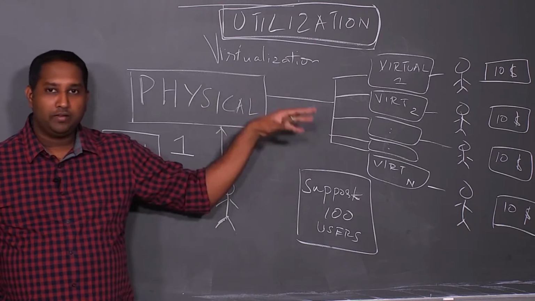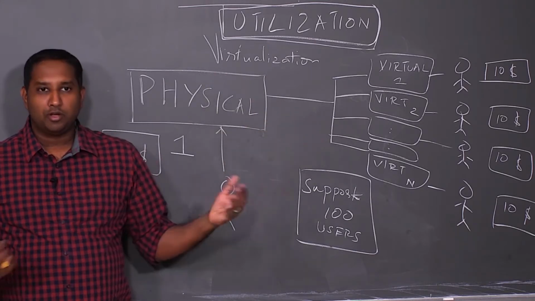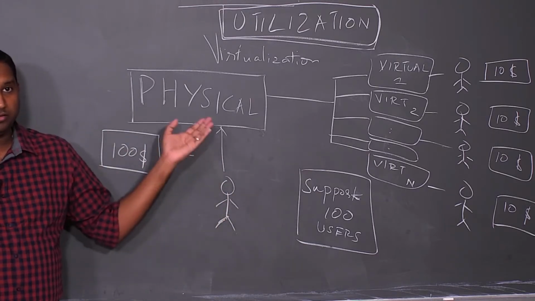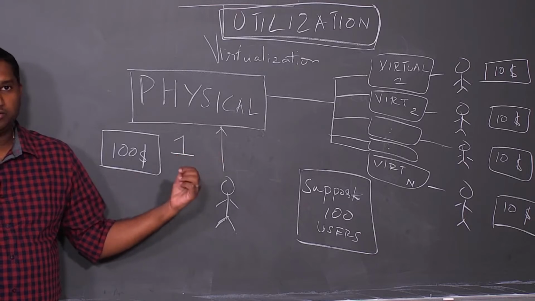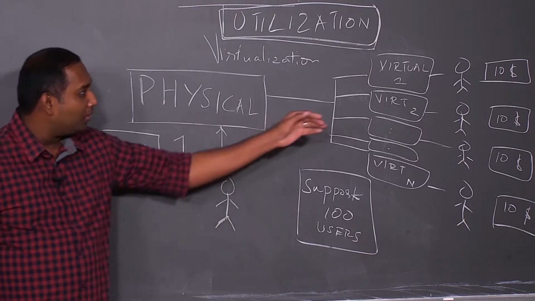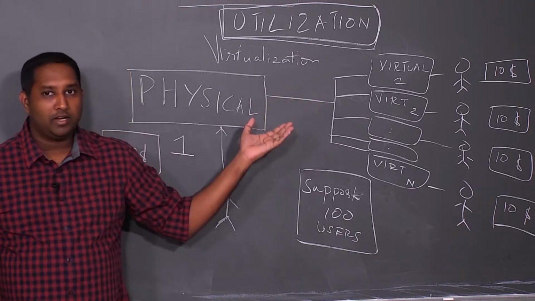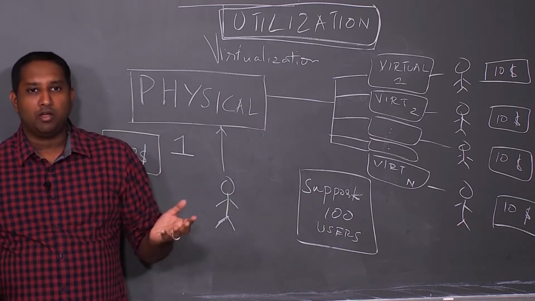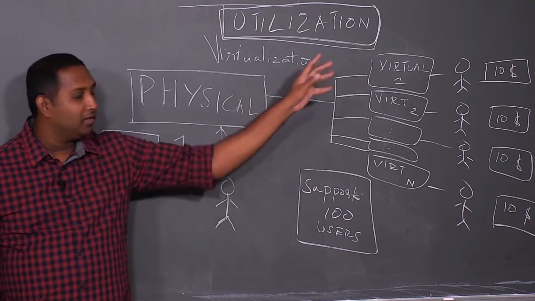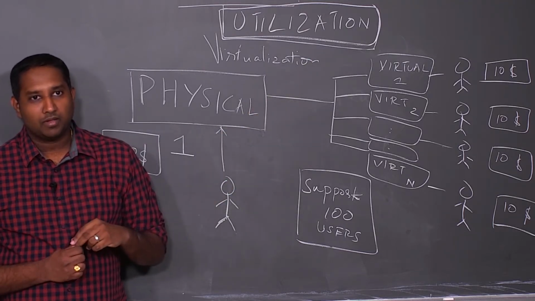For the person who is renting, it's also a good deal, right? Because previously, they were paying $100 to access this resource per hour. They didn't need that much. And so for a scaled down version of this physical resource, now they're paying only $10 an hour. So it's a win for the provider, and it's a win for the consumer, right?